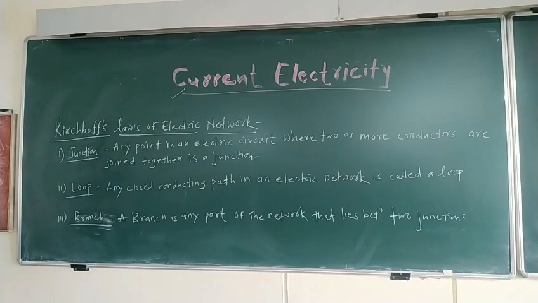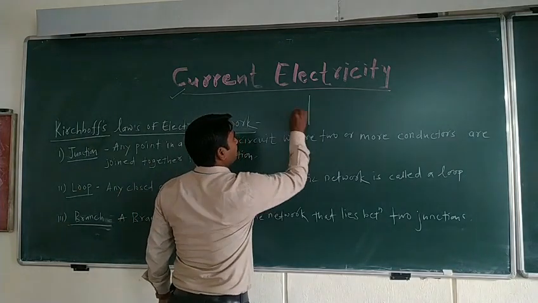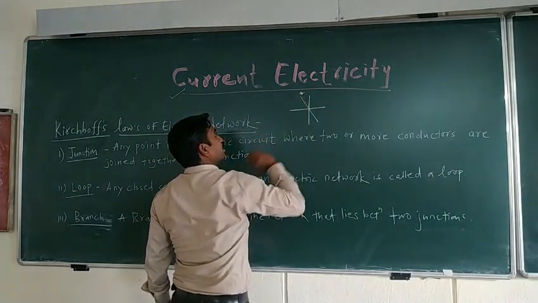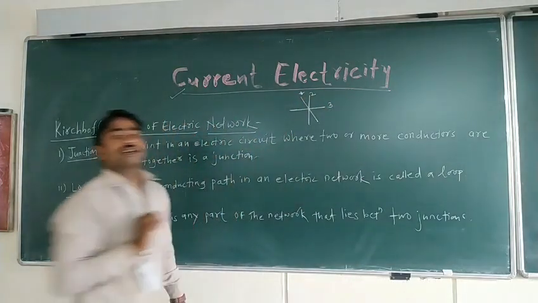Junction: any point in an electric circuit where two or more conductors are joined together is a junction. Suppose we draw a diagram. This is the first conductor, this is the second conductor, and this is the third conductor.